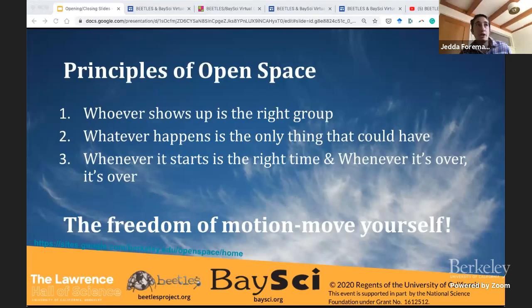We also want to share the principles of open space. These we did not invent, but come to us from what's called open space technology, which is the structure of this whole conference. Our goal and the goal of open space technology is really to create a framework for you to engage in discussions with colleagues and collaborators that you might not otherwise have a chance to talk to.